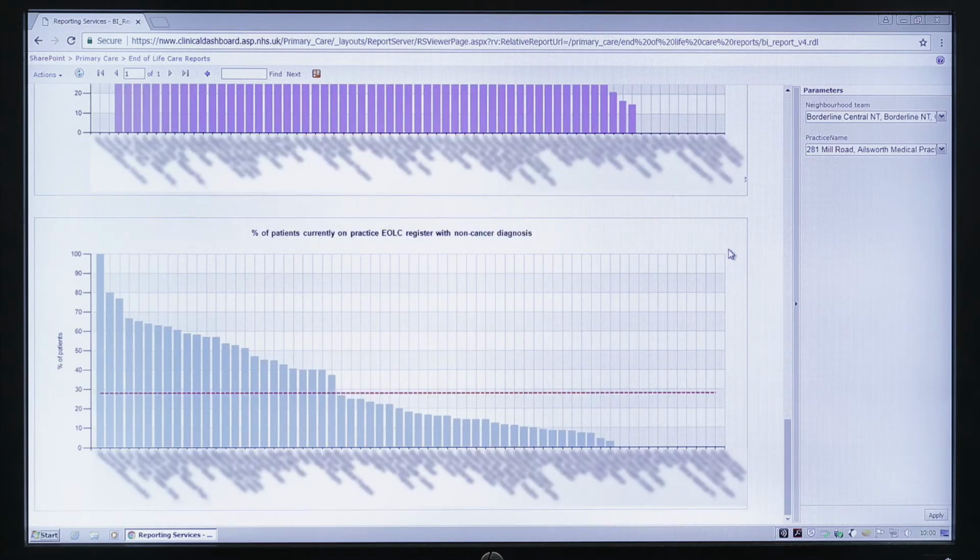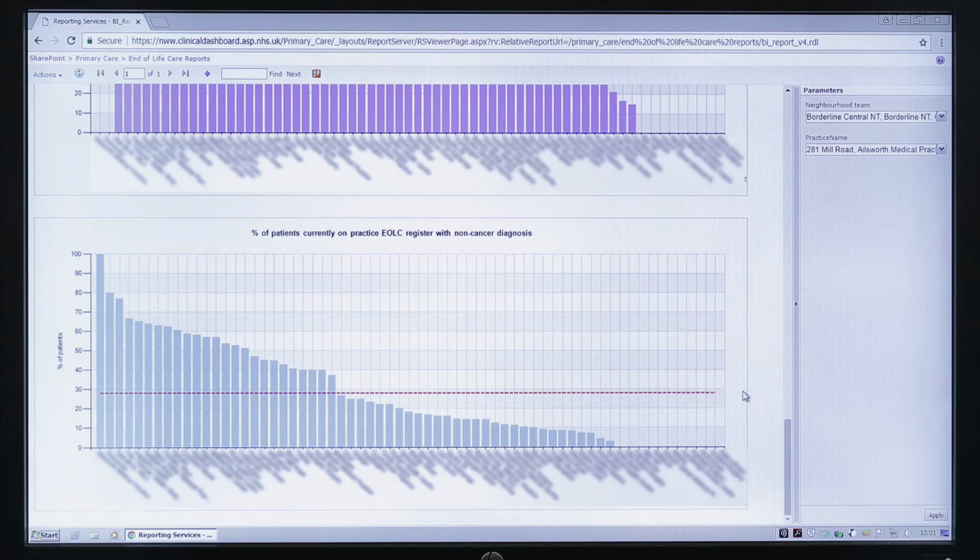And then the last one, which is quite thought-provoking, is of all the patients on your end-of-life care register in your practice, how many of them have a non-cancer diagnosis? In the CCG, the mean is just under 30%, although we know that 70% of deaths in our CCG are from non-malignant disease.